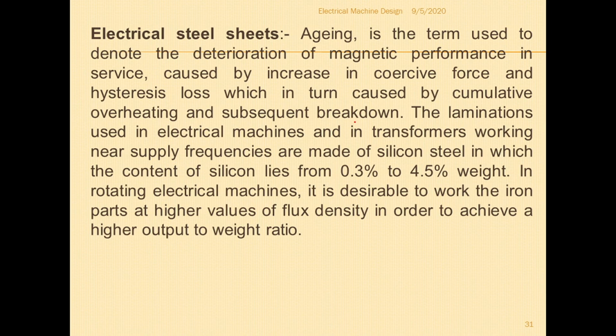The laminations used in electrical machines and in transformers working at nearly supply frequency, that is 50 Hz, are made of silicon steel, in which the silicon content lies from 0.3% to 4.5% by weight. In transformers, laminated cores are used.